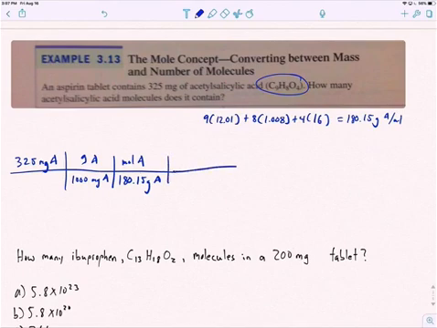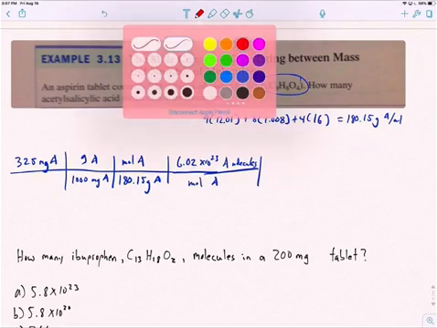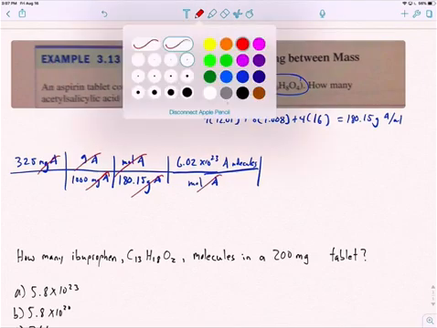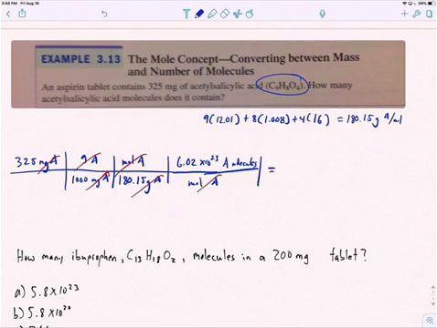And then 6.02 times 10 to the 23rd aspirin molecules to 1 mole of aspirin. Units cancel: milligrams cancel, grams cancel, moles cancel, and we're left with aspirin molecules, and that would be 1.09 times 10 to the 21 aspirin molecules.